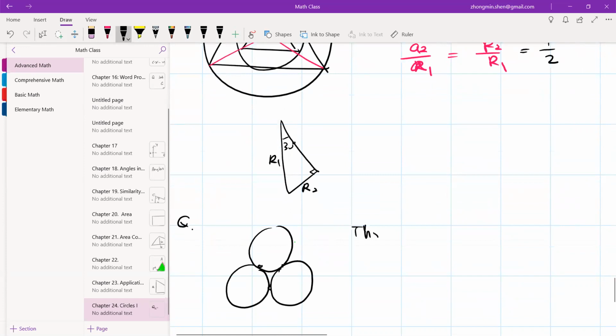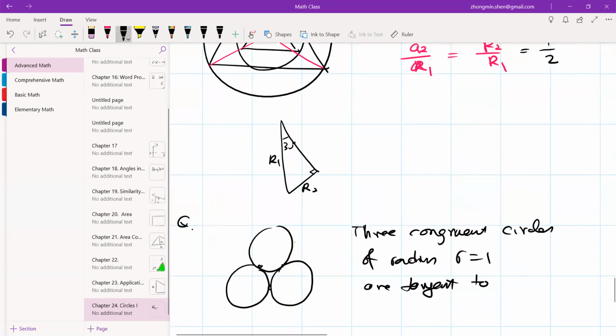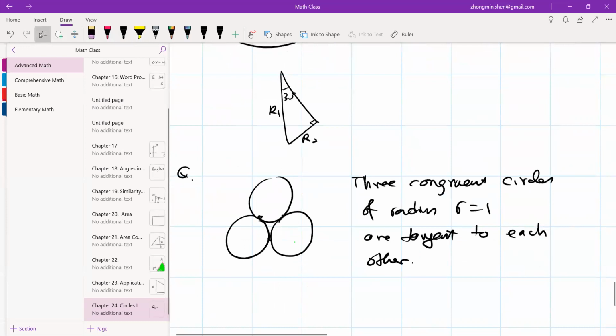So 3 congruent circles of radius equal to 1 are tangent to each other, as shown in the picture. Okay, so there is no gap between those 3 tangent points. My question is, what is the area of the shared region inside?